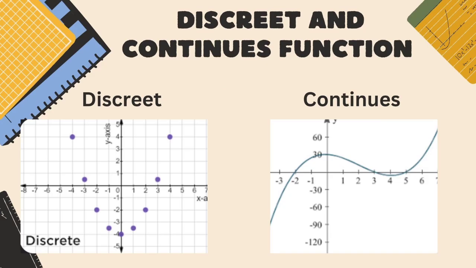Discrete and continuous function. The difference between the two is that a discrete function is a function where the values in the ordered pairs are separated from each other and are not connected. In other words, discrete functions show distinct points that remain unconnected.